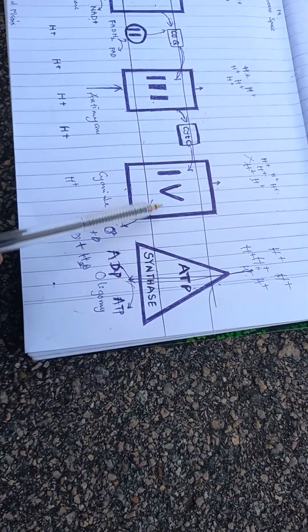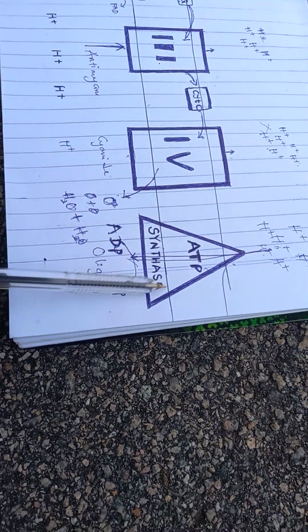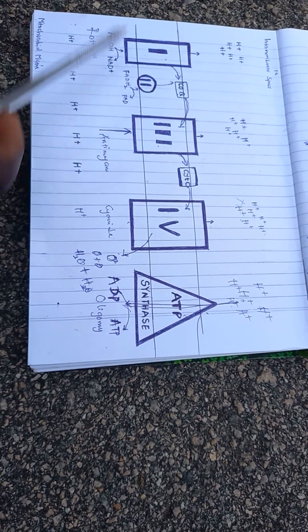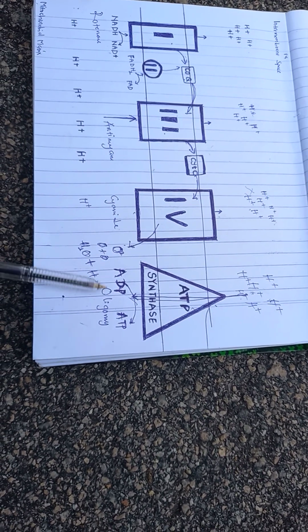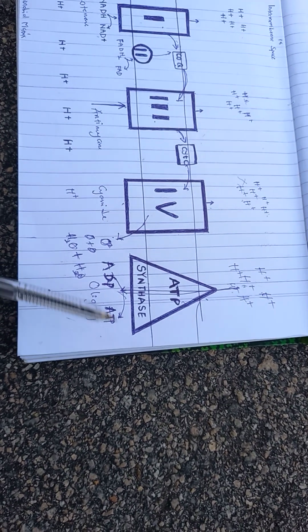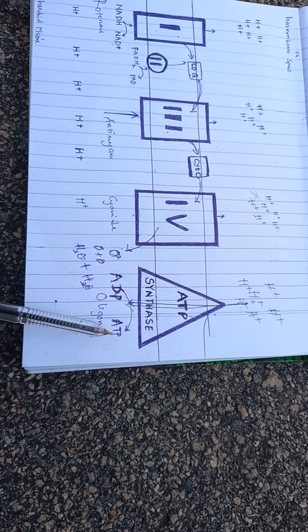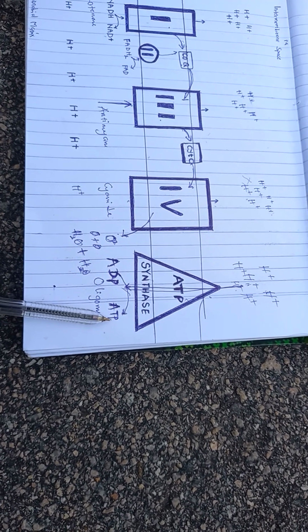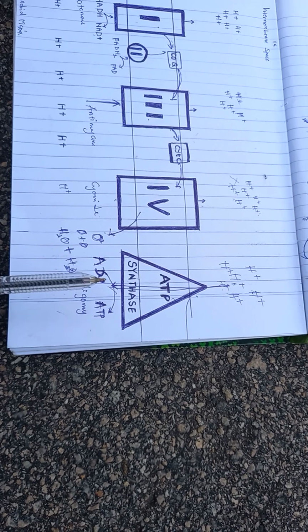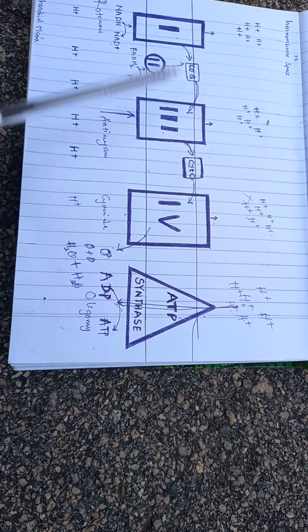This is how the electron transport chain, or oxidative phosphorylation, works. It continues in order to produce massive amounts of ATP for metabolic processes.